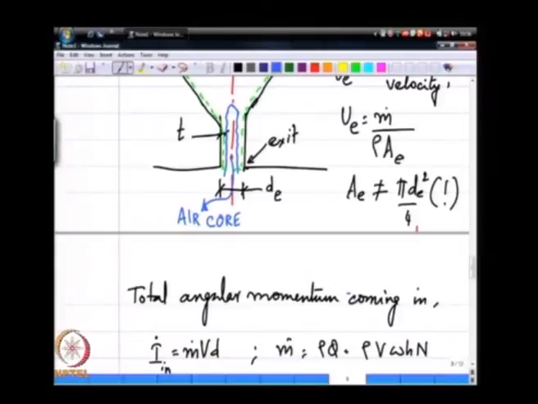So this air core is primarily responsible for the cross sectional area AE not being equal to pi dE squared by 4. AE is the liquid exit area.